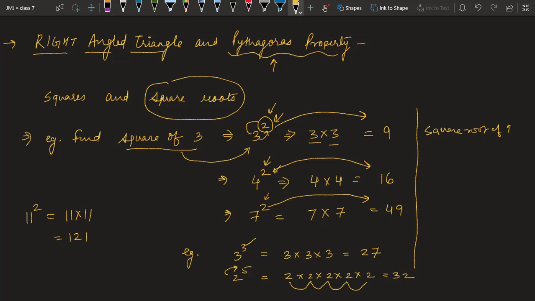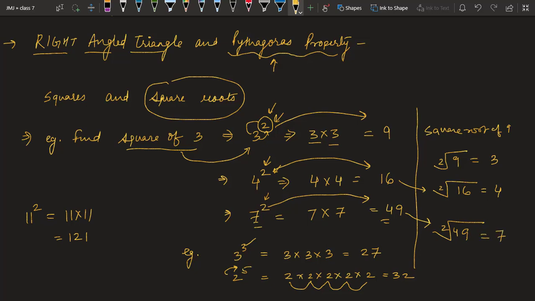It is a reverse process. So here we will say the square root of 9 is 3. Similarly, the square root of 16 is 4. We write 2 over here on this side. Similarly, we got 7 square is 49. Therefore, reverse means the square root of 49 is 7.